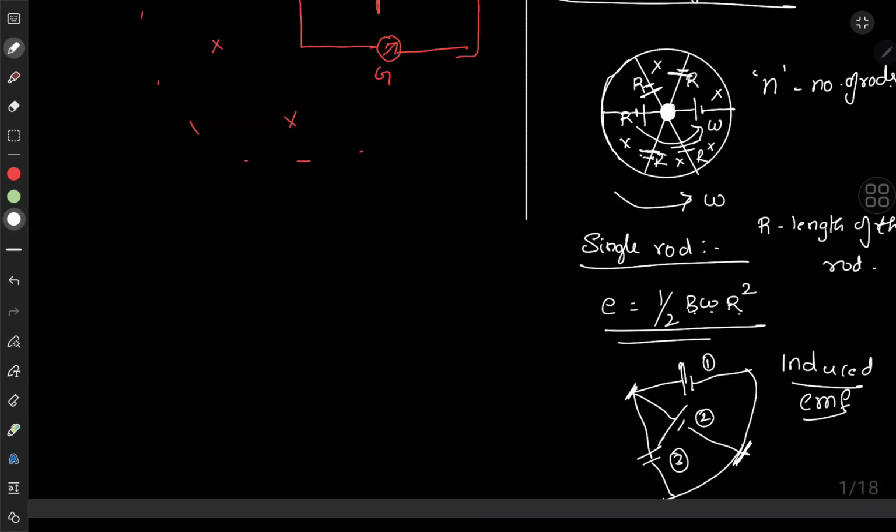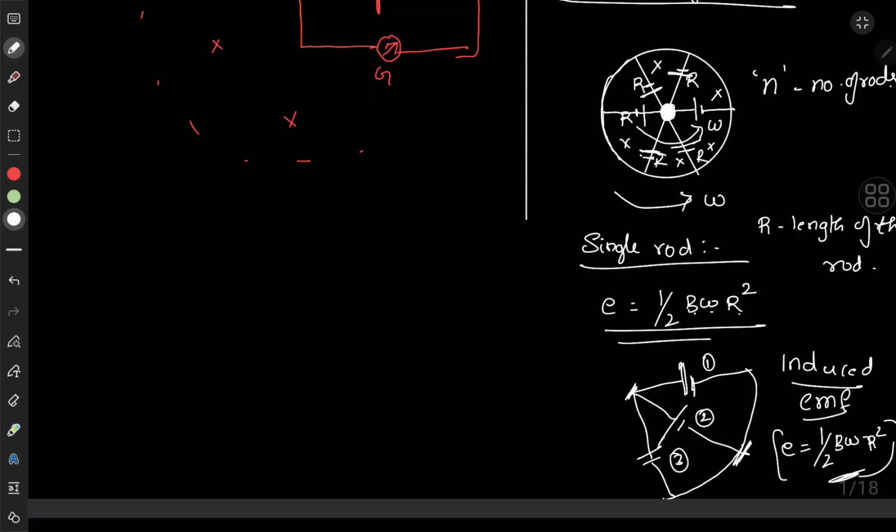So you may have any number of spokes; irrespective of the number of spokes, the induced EMF will be equal to half into B omega R square.